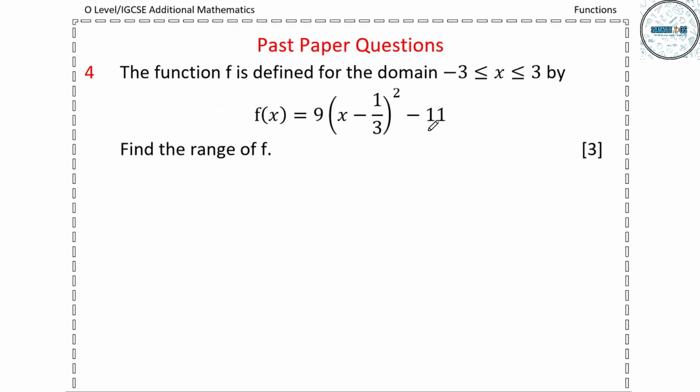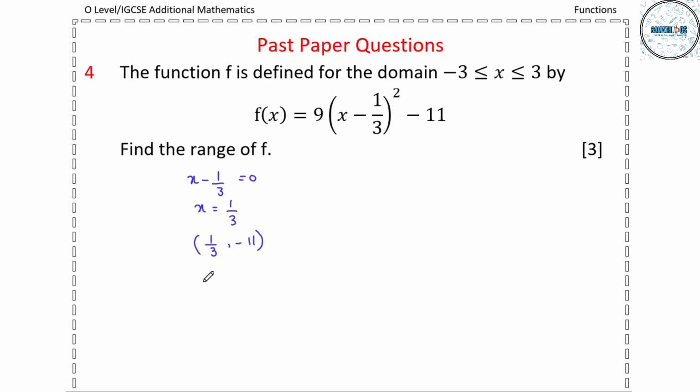We can easily take out the turning point by equating x minus 1 upon 3 to 0. So x is equal to 1 upon 3. And when we substitute 1 upon 3 over here, 1 upon 3 minus 1 upon 3 will be 0. So we'll be left with minus 11. So the turning point is 1 upon 3 comma minus 11.